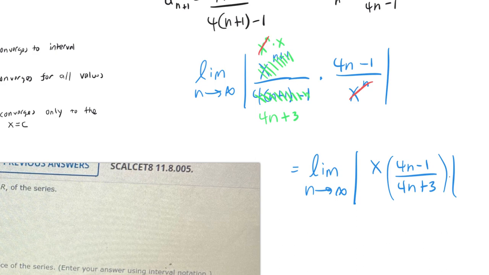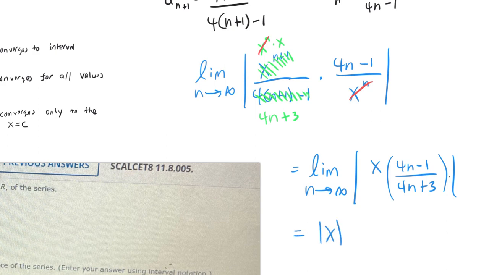Now, if you were to substitute infinity in for n, this would end up being 4 over 4, also known as 1. So this would just cancel out. You could think of it that way. So at the end of the day, this equals the absolute value of x.